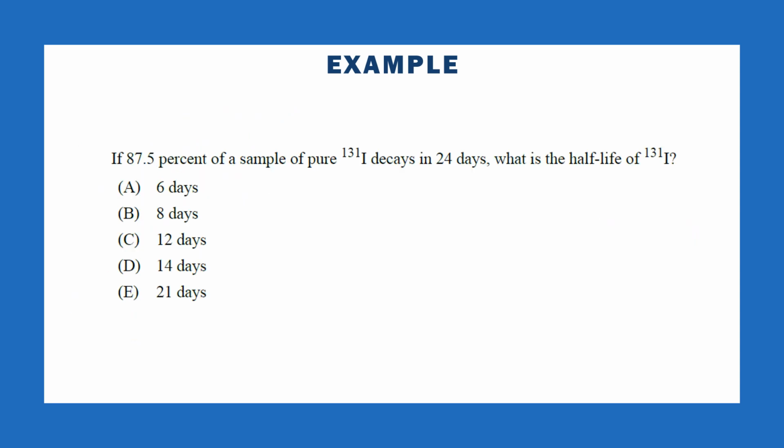Now this is a half-life question. It says if 87.5% of a sample decays in 24 days, what is the half-life? So you could do this a couple different ways. The easiest way, I think, is to think about how much is remaining. If you have 100% to start out with, and we reacted 87.5%, we're left with 12.5%. That's how much is remaining.